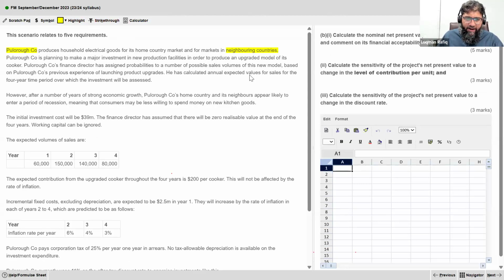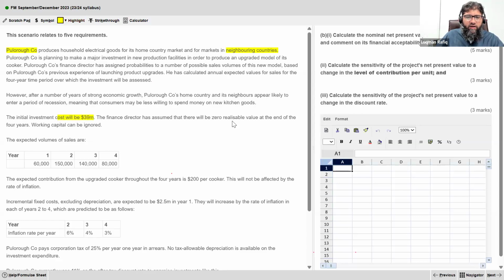He has calculated annual expected values for the sales for the 4-year time period over which the investment will be assessed. However, after a number of years of strong economic growth, Poloro's home country and its neighbor appear likely to enter a period of recession, meaning that consumers may be less willing to spend money on the new kitchen goods. The initial investment cost will be $39 million.